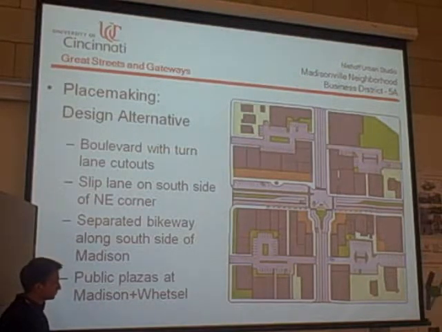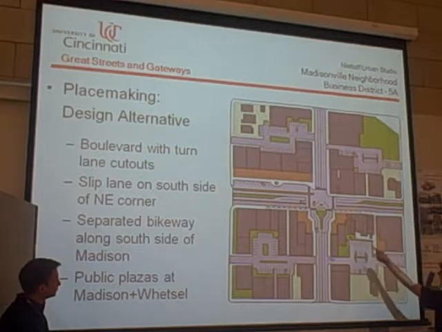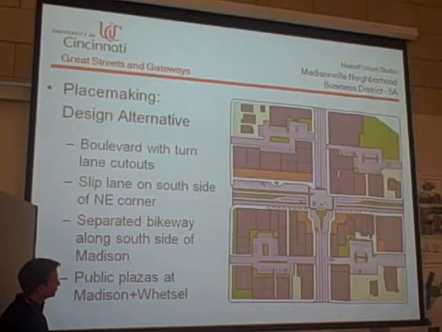That allows for more of a beautification effort, thins the line between pedestrian space as well as vehicular space. The slip lane on the southeast corner over on that upper left quadrant there, that's the northwest corner. That's currently where the shopping center is located.